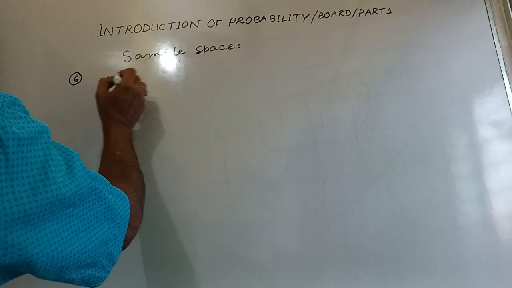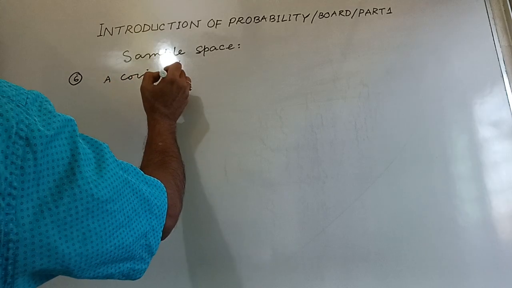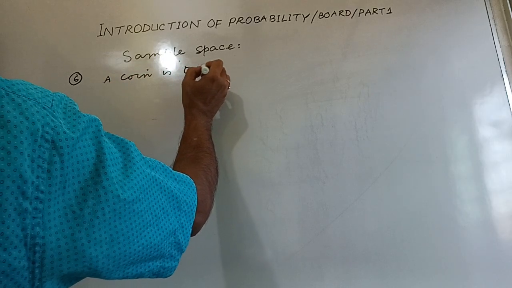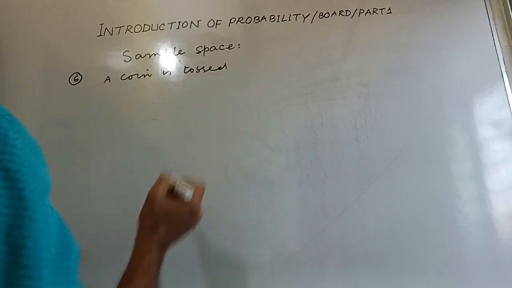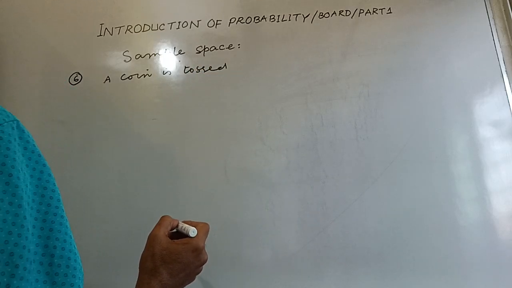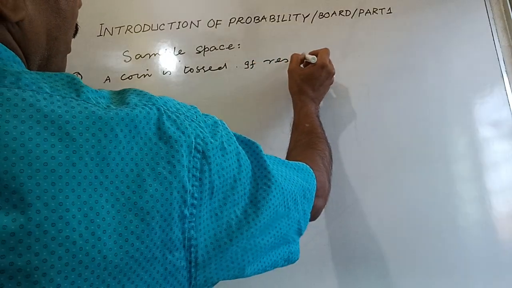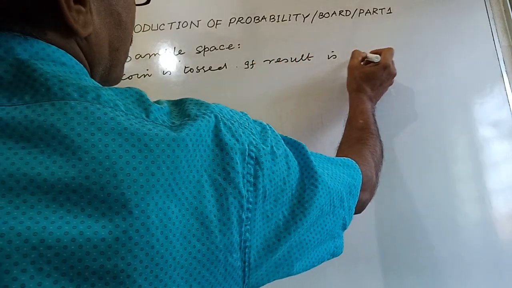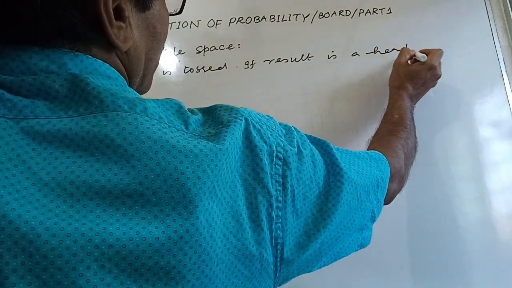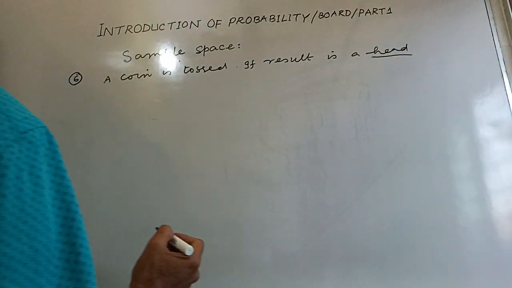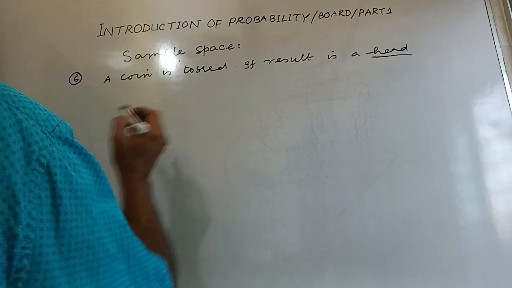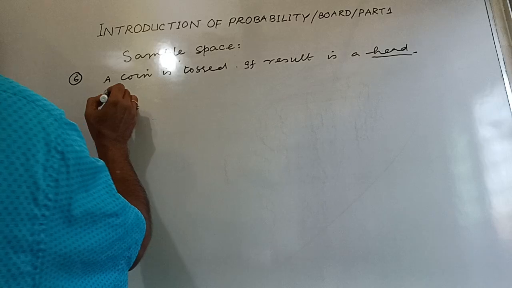A coin is tossed. If the result is a head, a die is thrown.